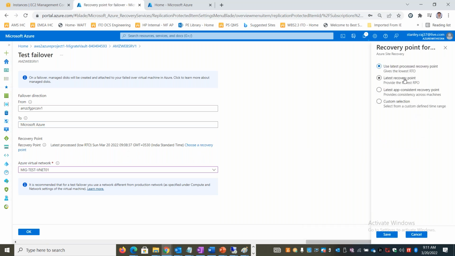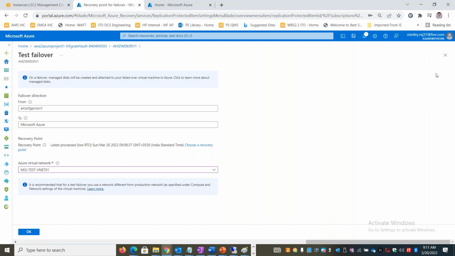For example, if you want an application-consistent recovery point, or yesterday's recovery point, you can just choose whatever you want. You will have multiple recovery points to choose from. For example, if there is a failure in the switchover or failover, you can wait for one more recovery point and try the failover using that.